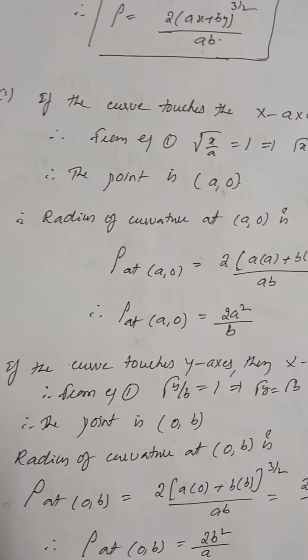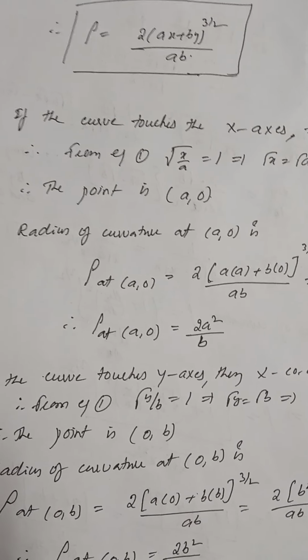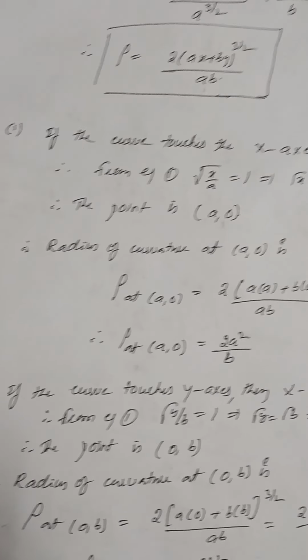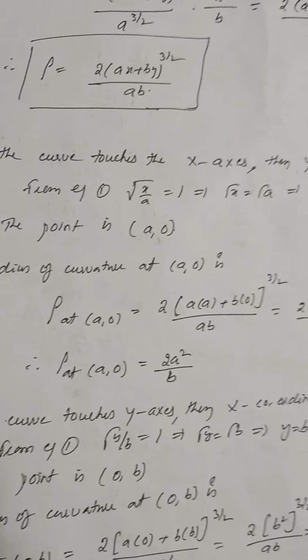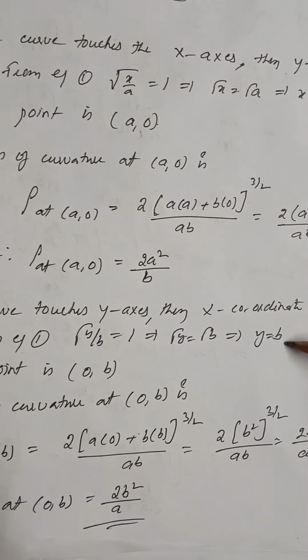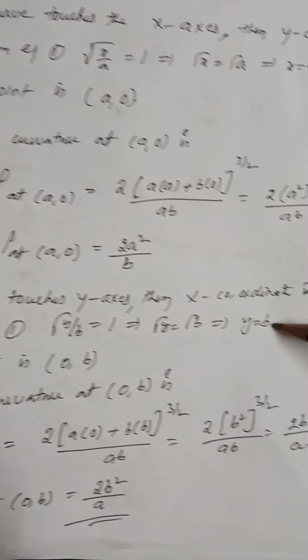Now similarly, if the curve touches the y-axis, then the x coordinate will be 0. From equation 1, square root of y by b is equal to 1, since x is equal to 0. Square root of y is equal to square root of b, therefore y is equal to b.